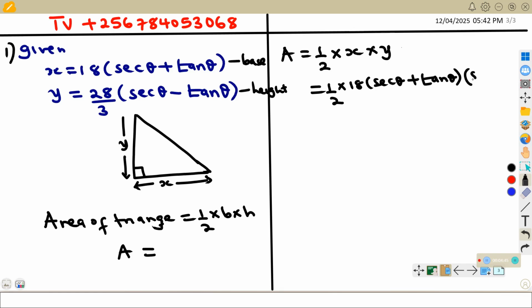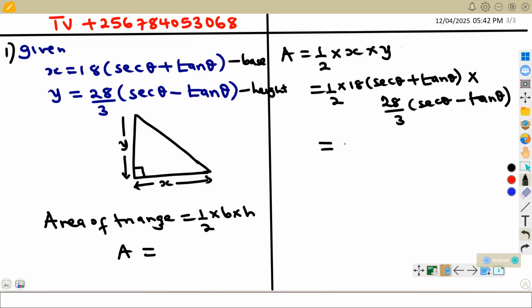This is multiplied by y, which is 28 over 3 into sec theta minus tan of theta.